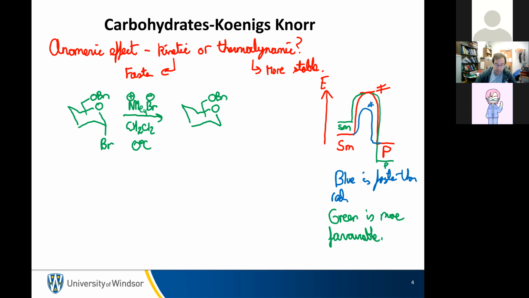All this talk about alphas gets me excited, except we go to the beta bromide. This is in equilibrium, but it favors the beta. We've just been talking all this time about the anchimeric effect favoring the alpha.